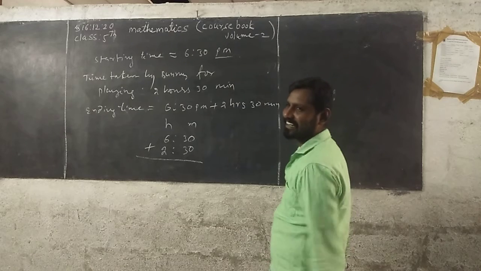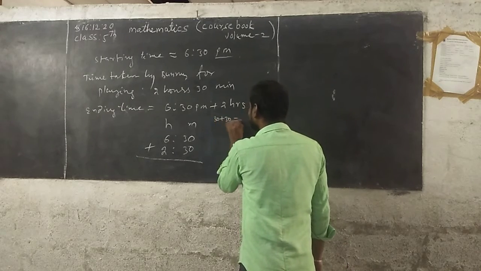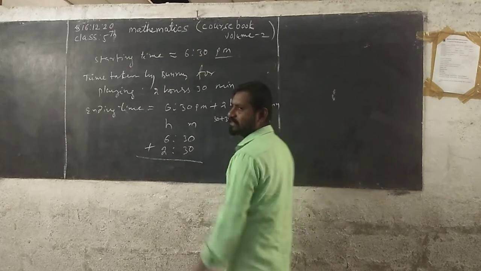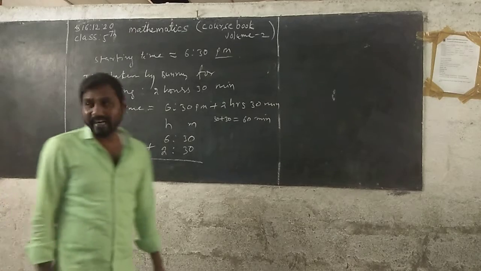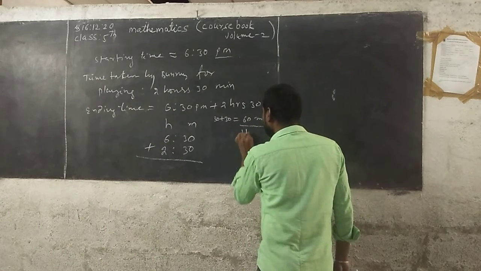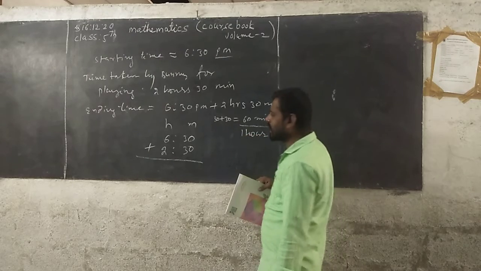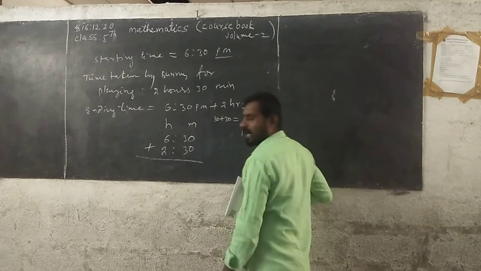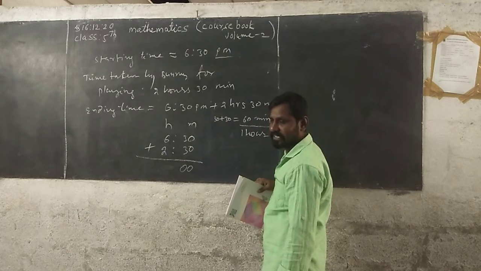See, 30 minutes plus 30 minutes, you get 60 minutes, beta. Here don't write 60 minutes, because 60 minutes is equal to 1 hour. Did you understand? Then 1 hour we write in the hours column, and in the minutes column we write 00.